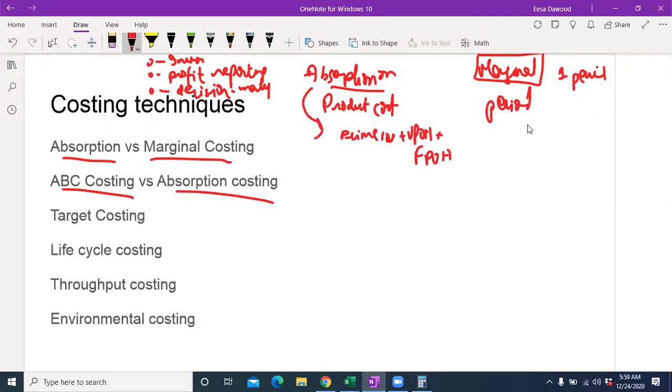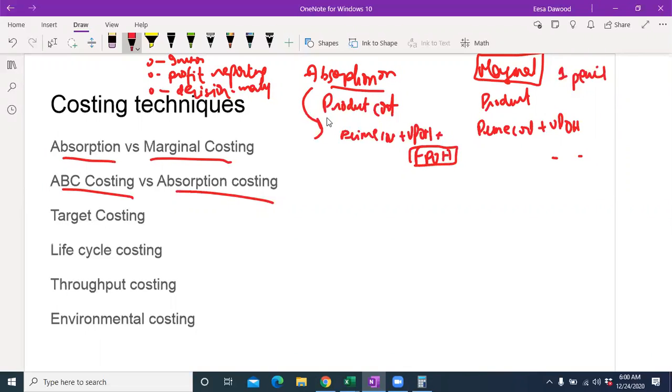Definitely only the variable production cost would increase, the rental cost won't increase. So the way they treat their product and period cost and the way they value their inventory, and definitely the different way they calculate their cost of goods sold, there'll be a difference in their profit reporting as well. Marginal costing values inventory and considers the product cost to be the marginal production cost or the variable production cost, which would be prime cost plus variable production overhead only.